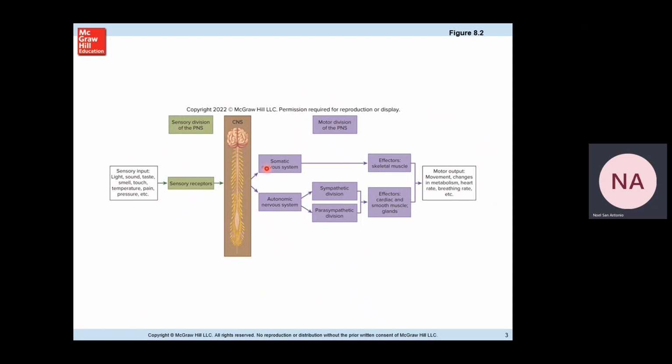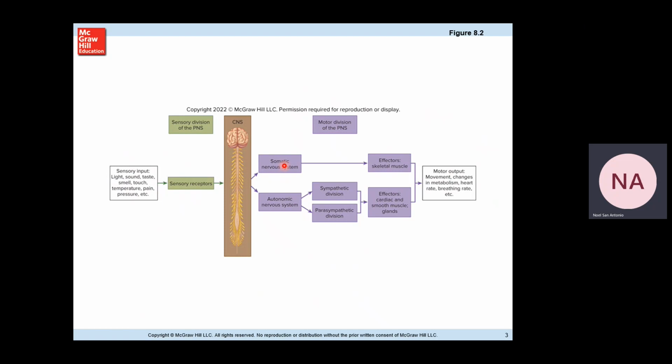A very good example of effectors that contract or move voluntarily are our skeletal muscles. That is why you can voluntarily contract your biceps, for example, and other skeletal muscles. We move our body according to our own will, because that's part of the somatic nervous system.